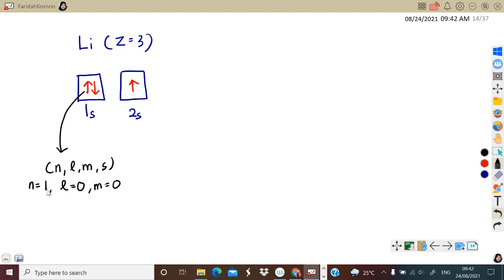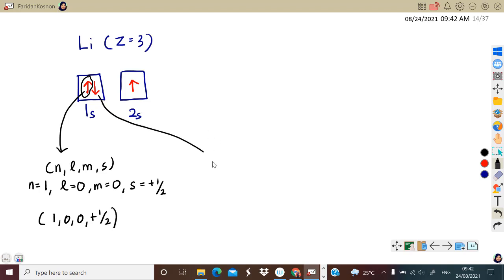Macam mana saya tahu? Sebab kalau l 0, m mesti 0. Saya sekarang sedang merujuk kepada the first electron ini. The arrow is pointing upward, jadi spin is positive half. So, kalau saya tulis n, l, m, s: 1, 0, 0, positive half.